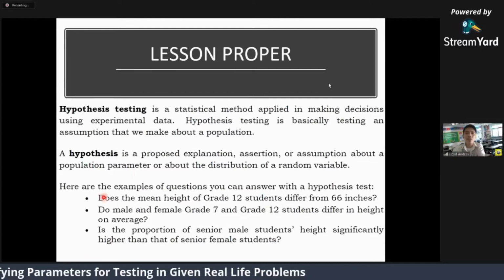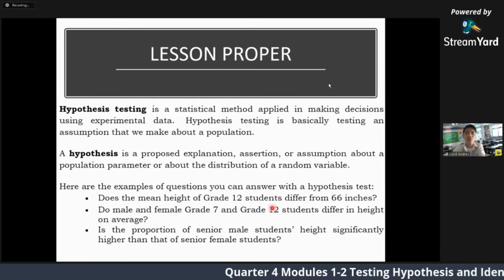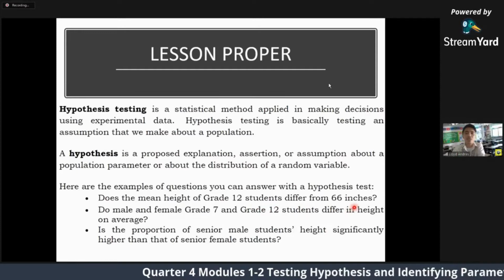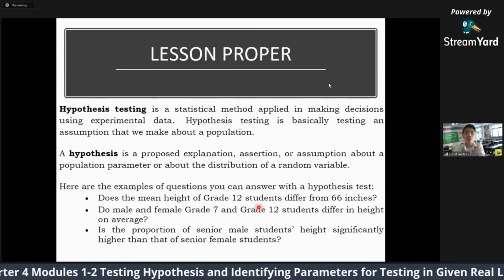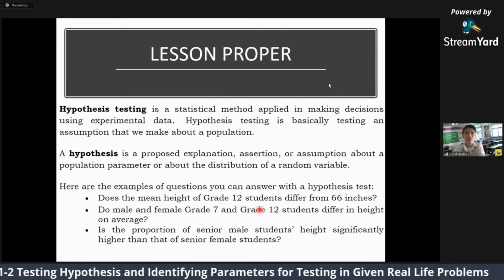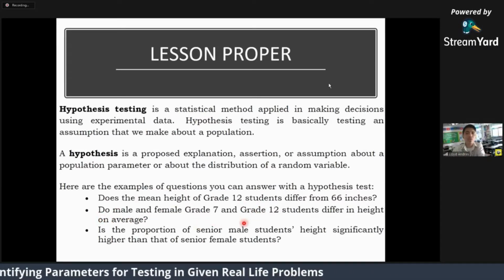Here are some examples of questions you can answer with hypothesis test. So first, does the mean height of the grade 12 students differ from 66 inches? So you can answer this one using hypothesis testing. Another one is, do male and female grade 7 and grade 12 students differ in height on the average?